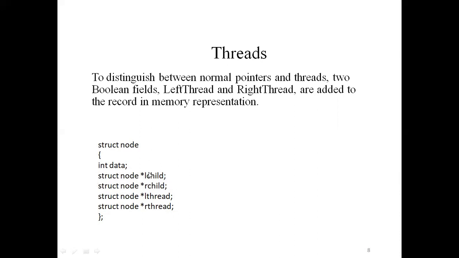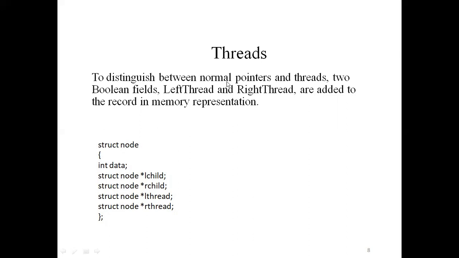Left child will hold address of left child, right child pointer will hold address of right child. But in addition to this, we have 2 more fields to our node structure. So that is struct node pointer left thread and another pointer is right thread. So here what is this left thread and right thread and what will it store?